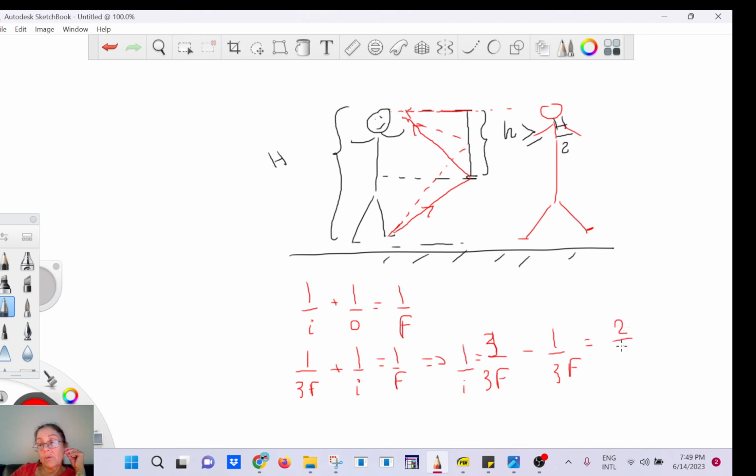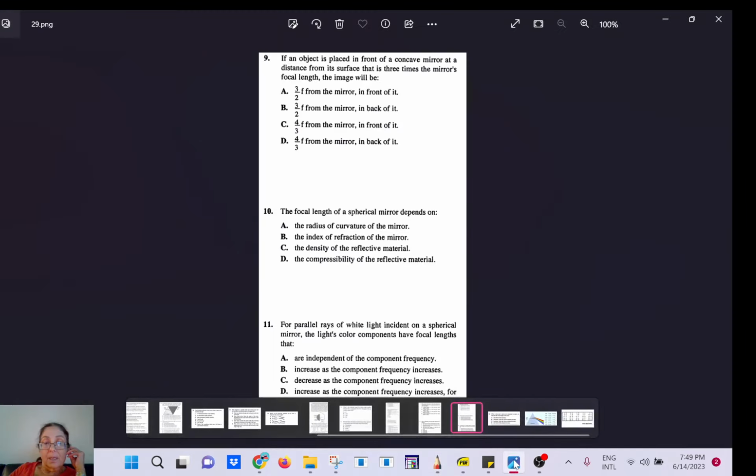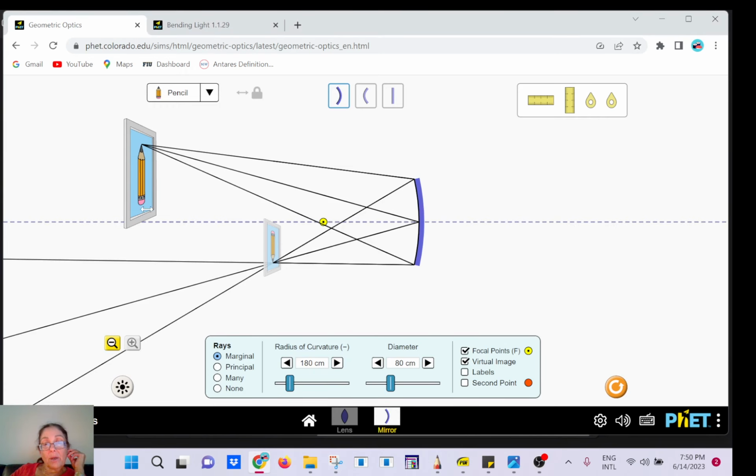That's going to be 2 over 3f. So i equals 3f over 2. And so the answer is A. Right, it has to be in front of the mirror, and that's going to be the answer here. So if you place the object at a distance 3 times the focal distance, the image will be here at about 1.5 times the focal distance.